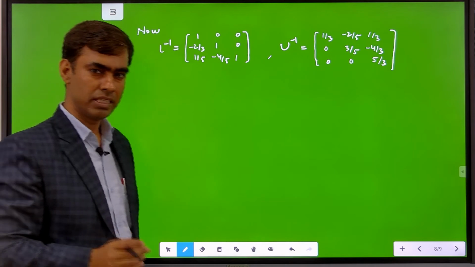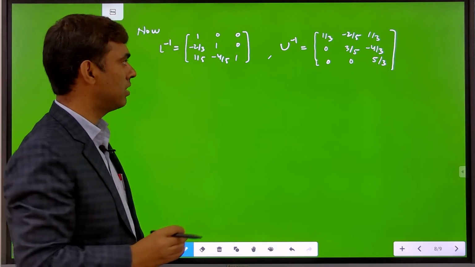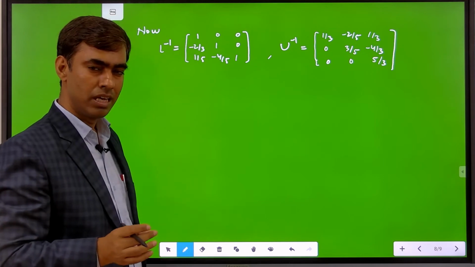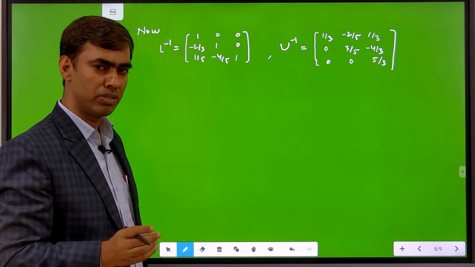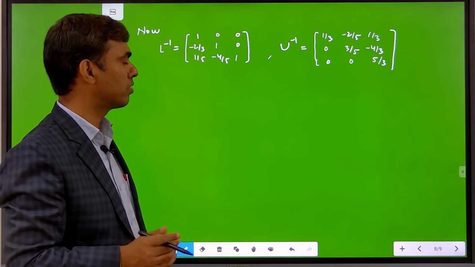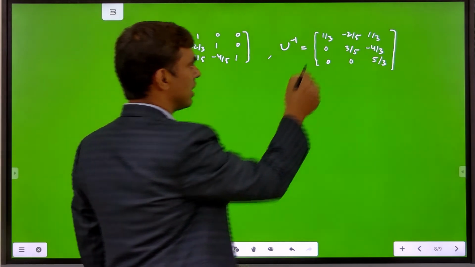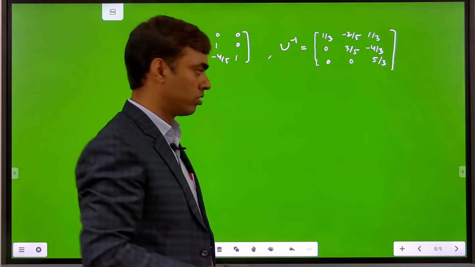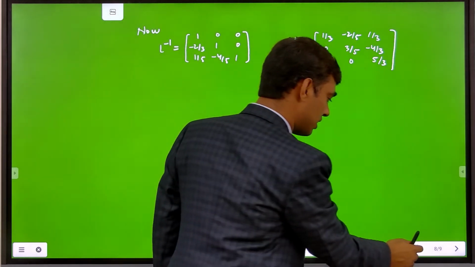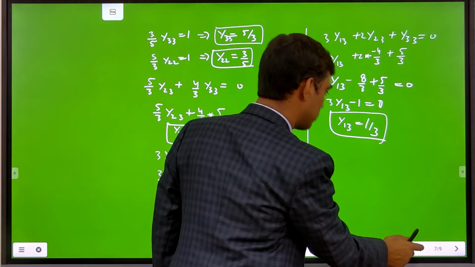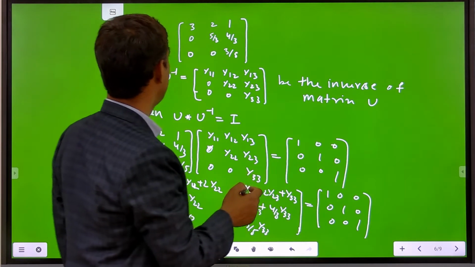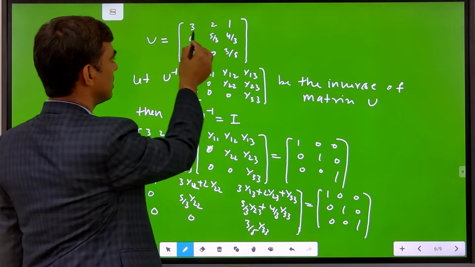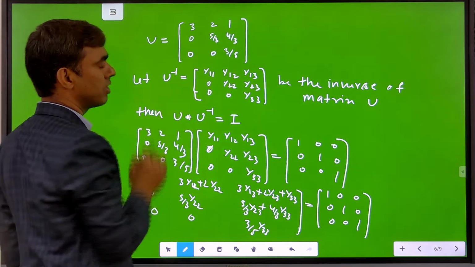One thing I need to mention here: as we know, when we find the inverse of any upper triangular matrix, the diagonal elements become the reciprocal of those of U. In order to check whether we calculated correctly or not, what is U? The diagonal elements of U are 3, 5 by 3 and 3 by 5.